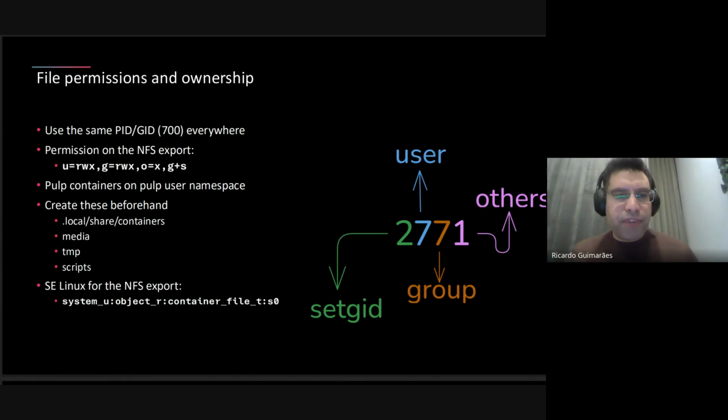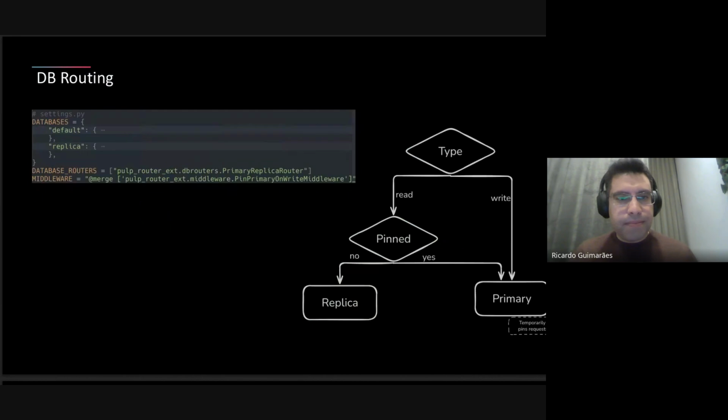In addition, to prevent some relabeling issues with SELinux, make sure that the context is correct, so you can use semanage fcontext for that, and also create a few directories beforehand, just to be sure. These directories will live inside the NFS export, so they should be created before Pulp starts.